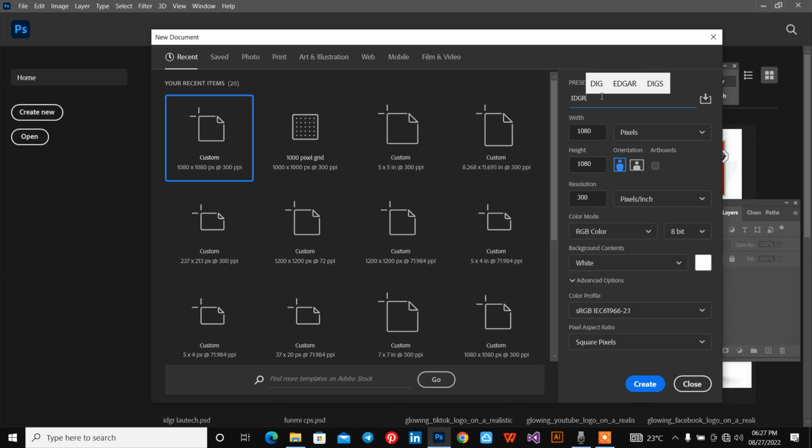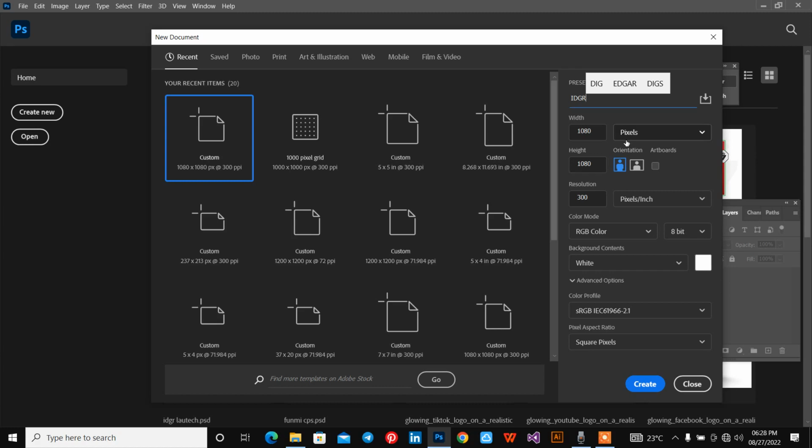Now we'll be proceeding to the types of graphic design. We have basically 8 major types of graphic design. The first one is brand visual identity graphic design. Second is the marketing and advertising graphic design.